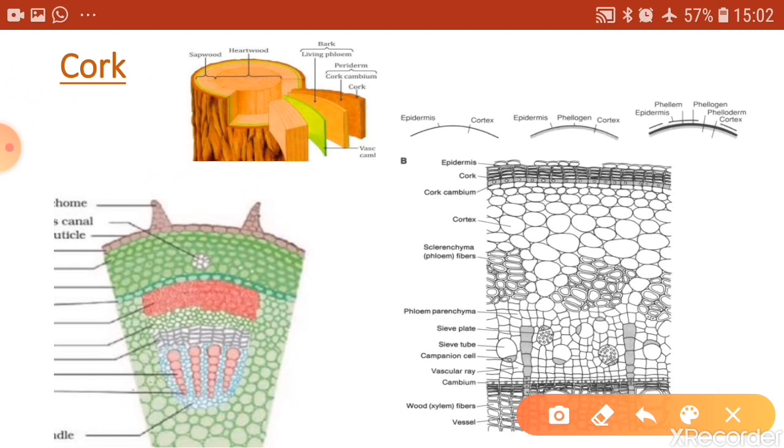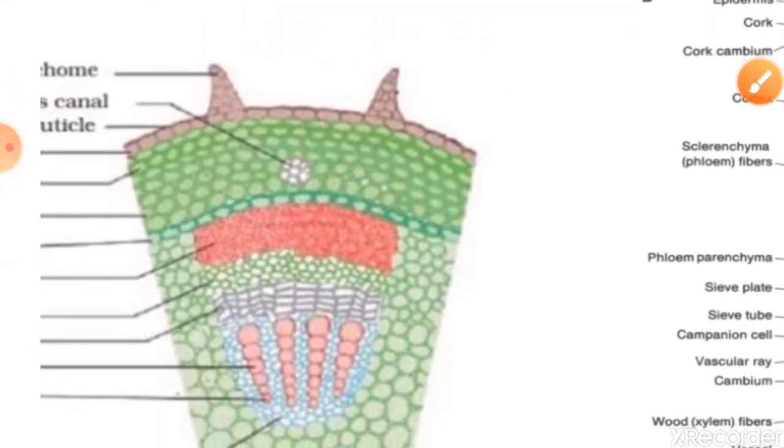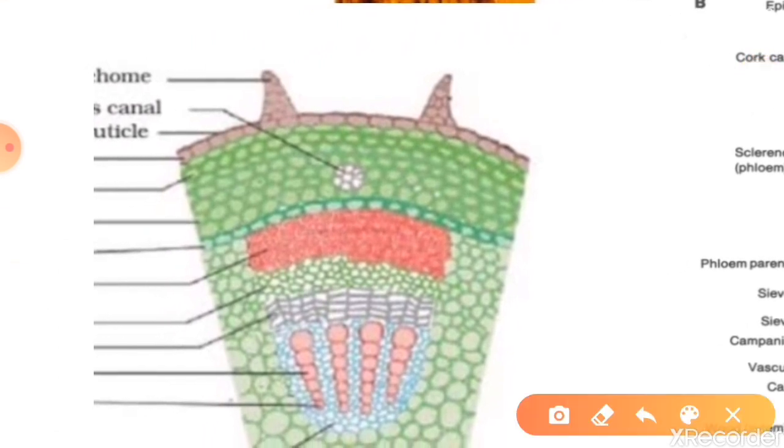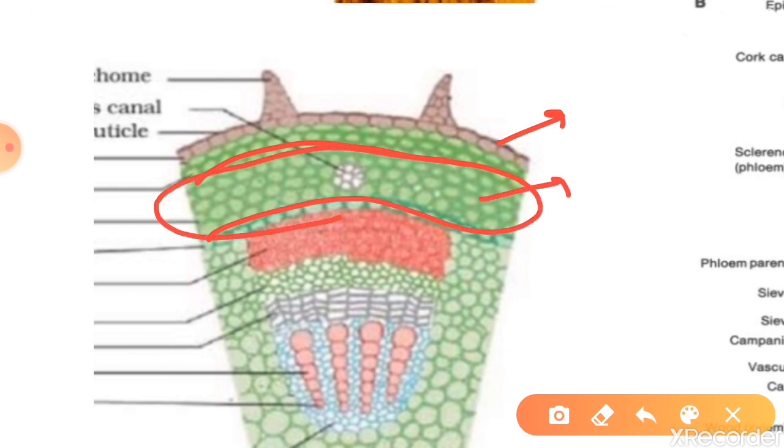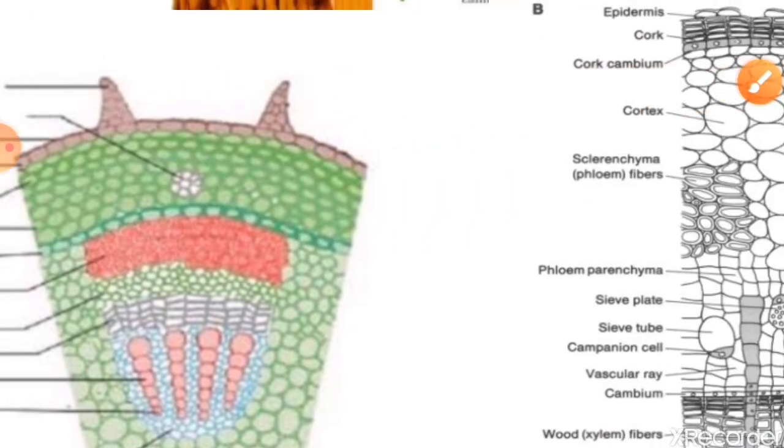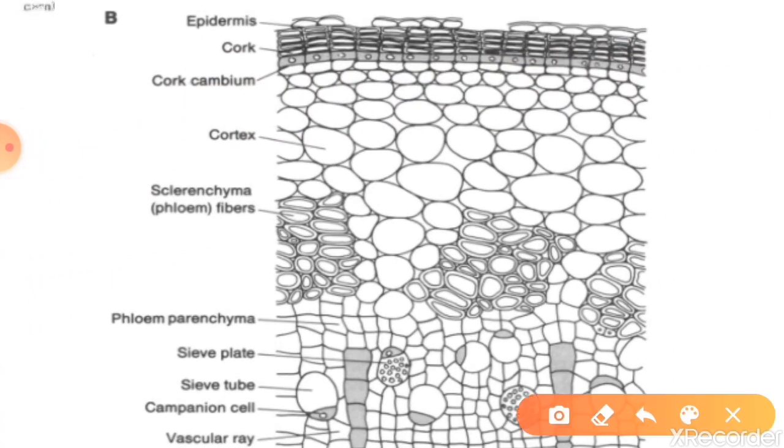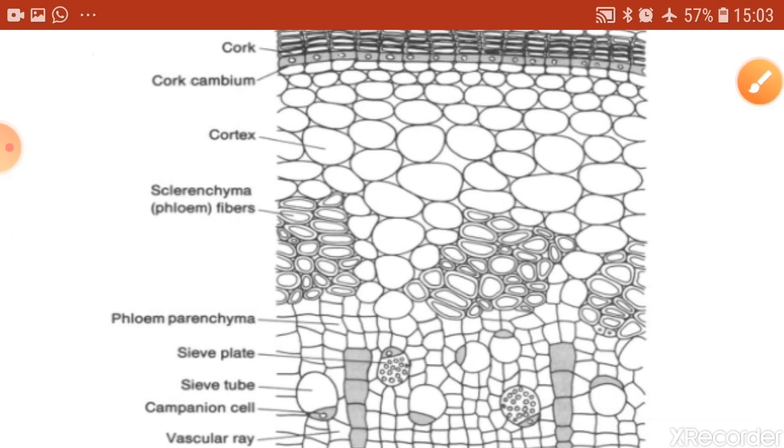When I told you about the regions of a dicot stem, I told you that below the epidermis there is hypodermis present, and then this region is called the cortex region. So in the older stem and the root, in the cortex region, a secondary meristem develops.